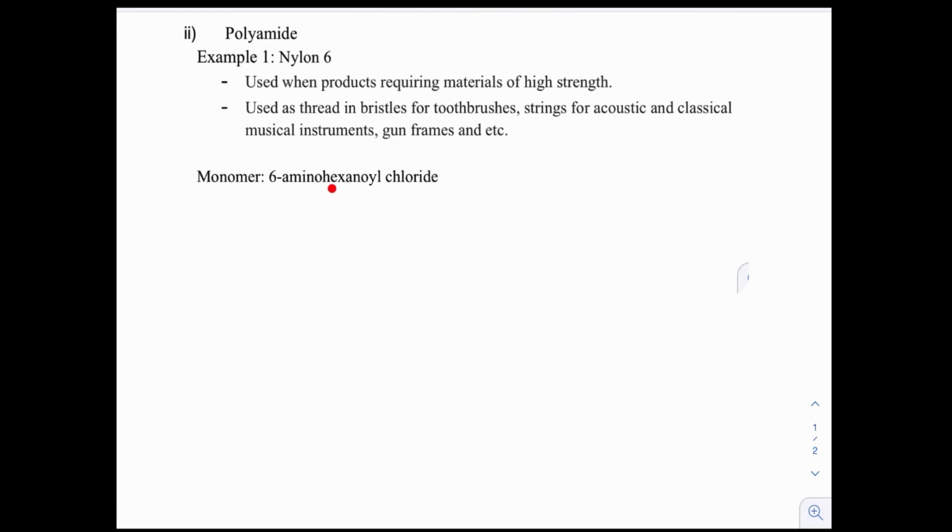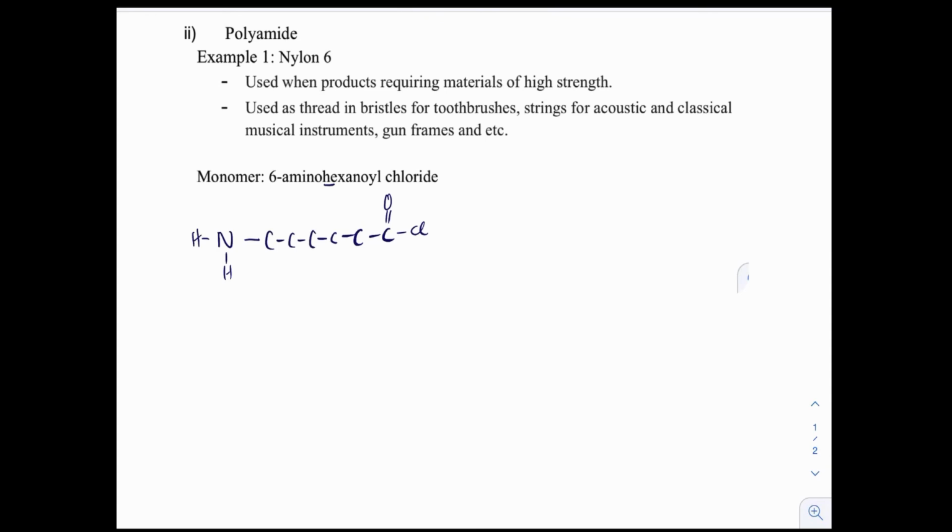The monomer is 6-aminohexanoyl chloride, which means that there will be 6 carbons, and there will be an acyl chloride. At the 6th position, there is an amino group. For information, amino is an amine. So this is how we sketch this monomer.